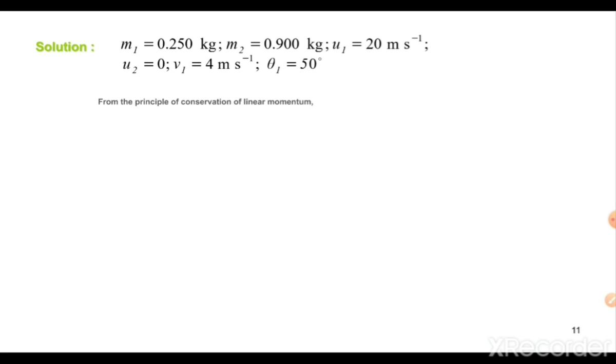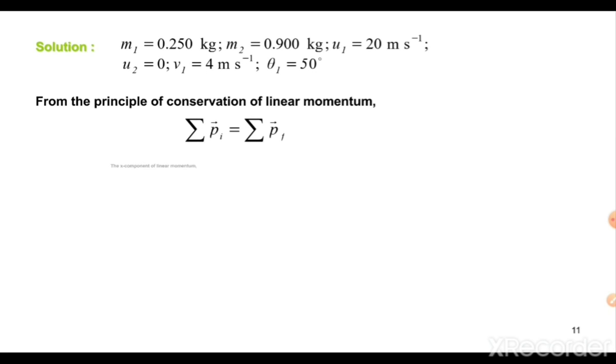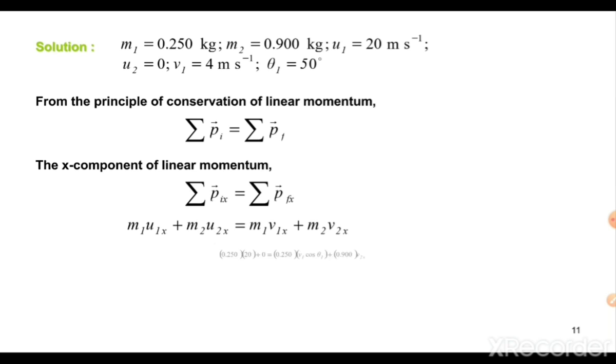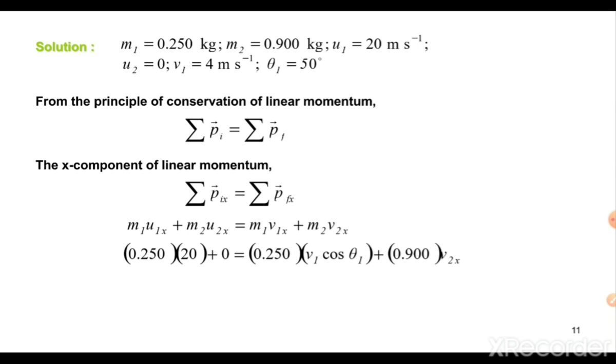Okay, so we apply the principle of conservation of linear momentum separately along the x-axis and also along the y-axis. Before you apply this principle, don't forget to first resolve the vectors into x and y components.